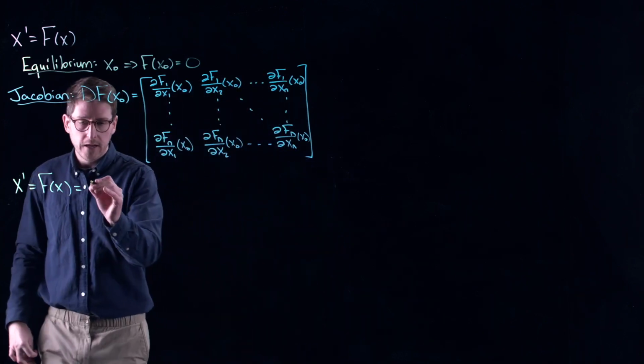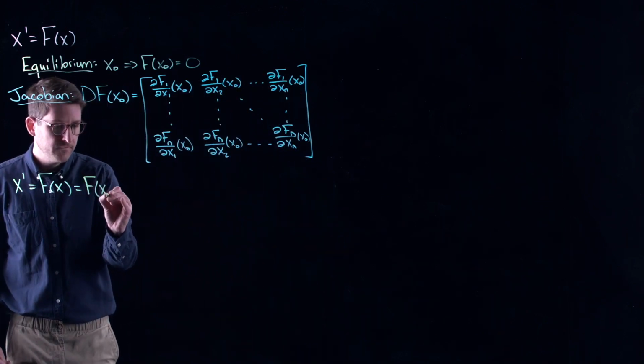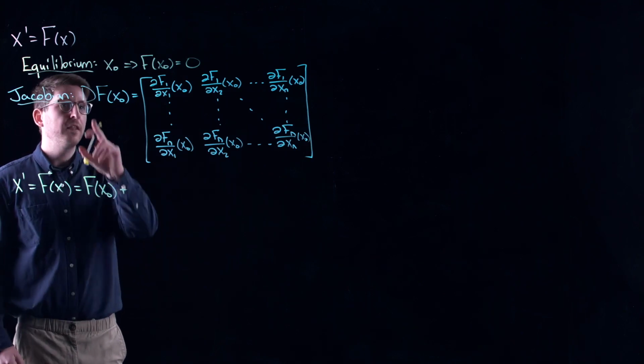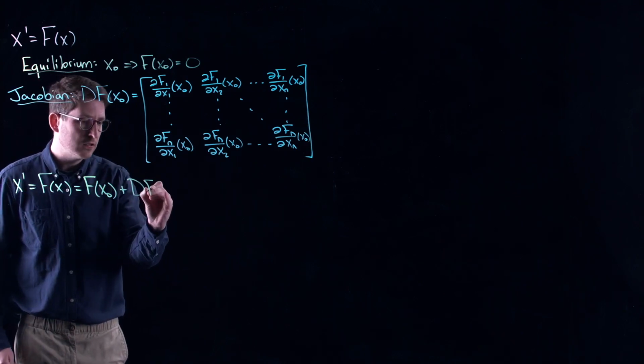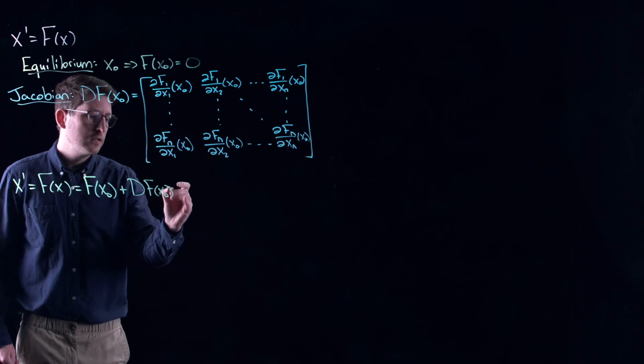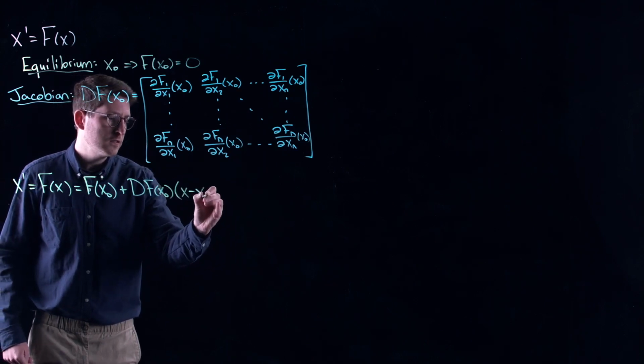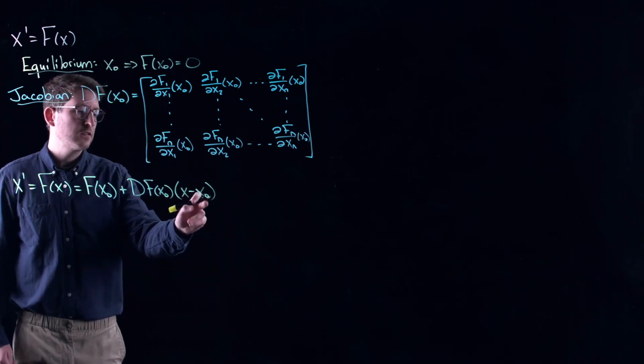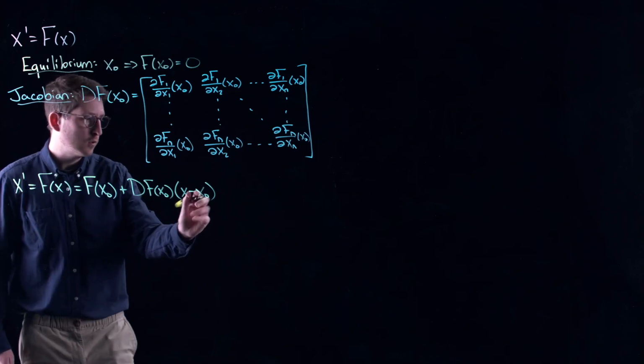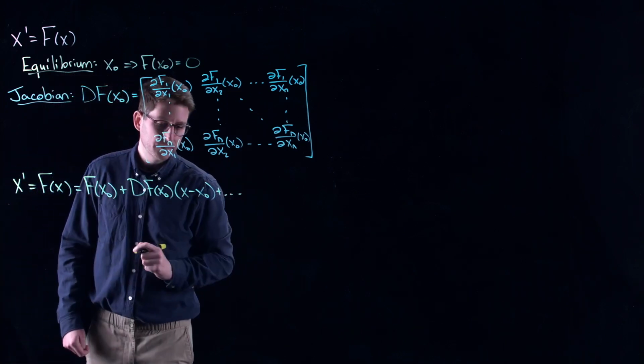So I get f of x naught plus, and this is where the Jacobian comes in, the derivative at x naught times the difference in x to the equilibrium, and then a little more.